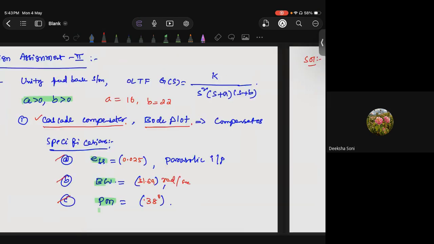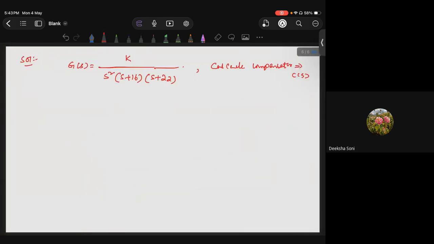Then the compensated loop will be L of s equal to C of s multiplied by G of s. So we have to design this C of s to meet the ESS, bandwidth and phase margin requirements.